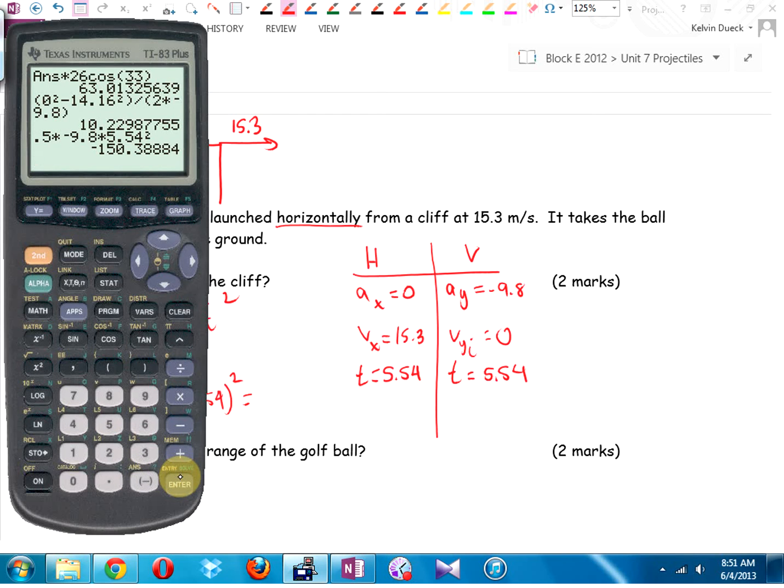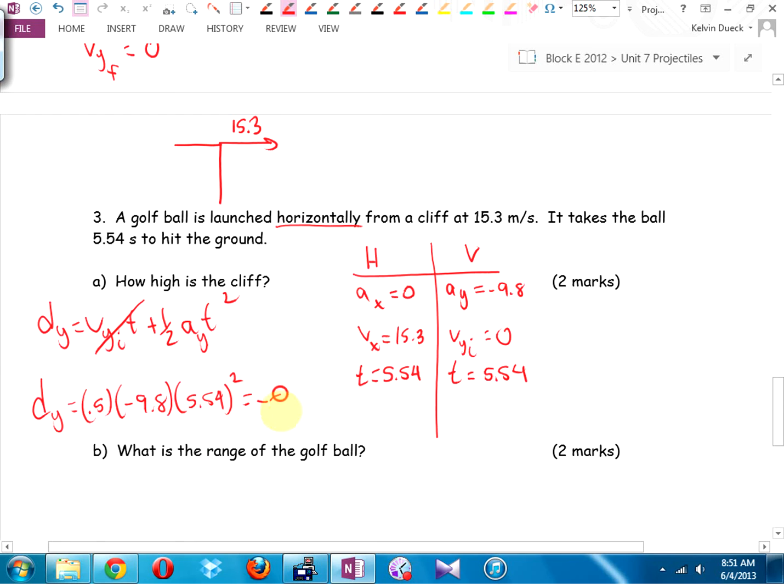You're ending up 150.4 meters below where you started. Generally, height, Sean, is a scalar, so if you said 150, I'm good. I'm going to write negative 150.4, and then I'll put an equal sign and say 150 meters as a height. Negative 150.4 equals 150 meters high.